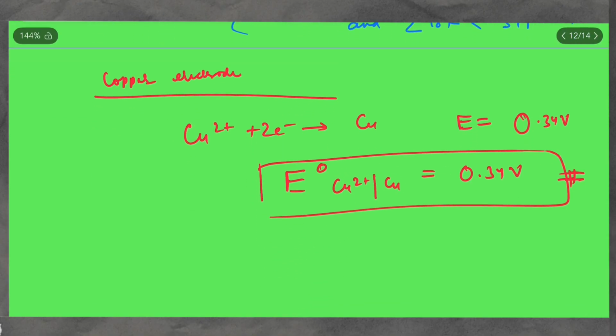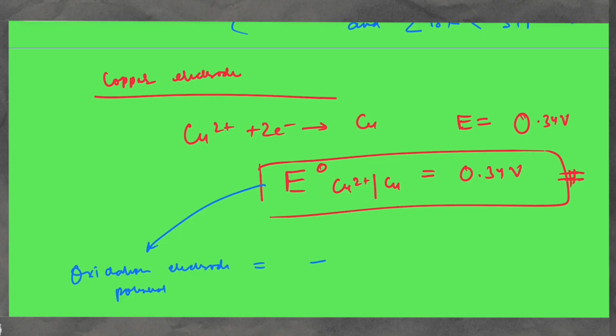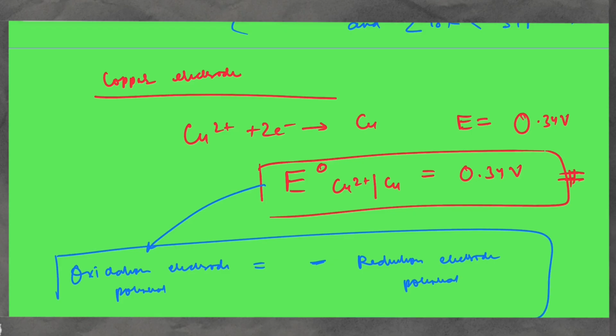So now if I want to find its oxidation electrode potential, you will always have to remember that oxidation electrode potential is always the negative of reduction electrode potential. It is understood, because we are just reversing the reaction, but we are not going to use oxidation electrode potential anywhere. But you have to remember that it is the negative value of reduction electrode potential, because we have just reversed the reaction.